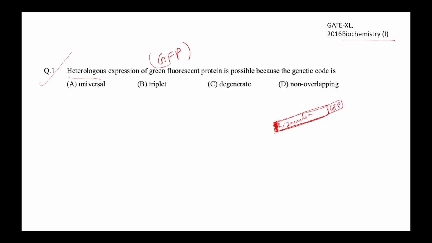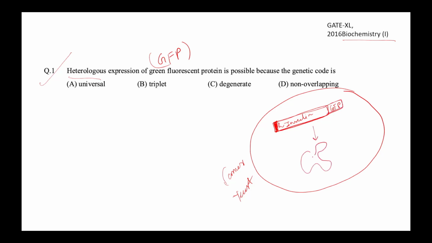Then inside another system, suppose cancer cells or yeast cells, wherever I want to produce this protein, if it is fused with GFP, whatever protein is synthesized also carries GFP in it. And because of the presence of GFP, this green color will be visible.